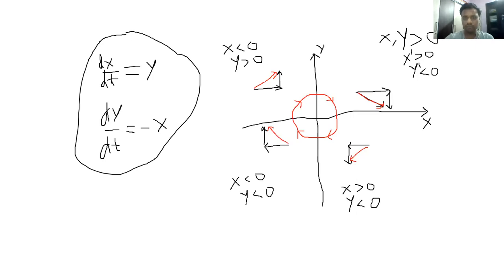Actually, what is happening? We have already discussed the reproduction number. What was the reproduction number? The reproduction number is nothing else, it was given as beta by gamma. And what is the turning point here? The turning point is also given as this.